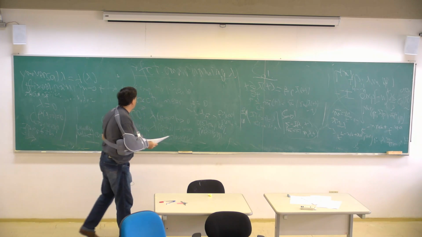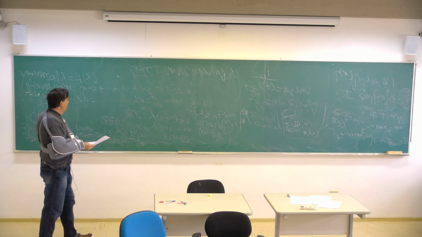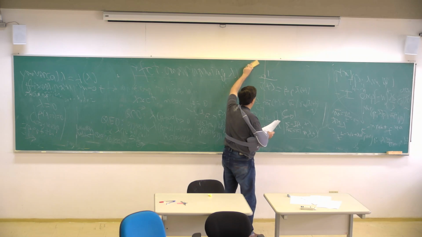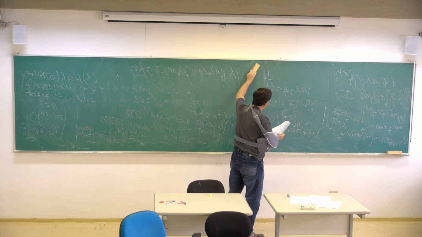All right. Next, let's understand what kind of beta can we have. What possible behaviors can we have?